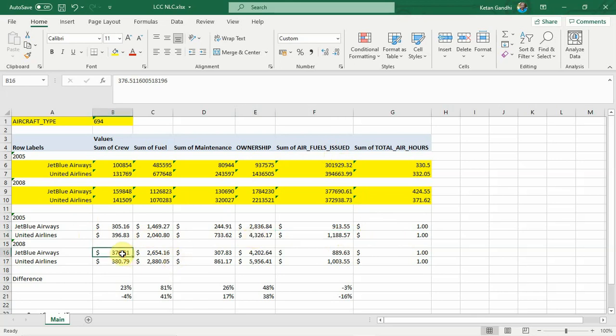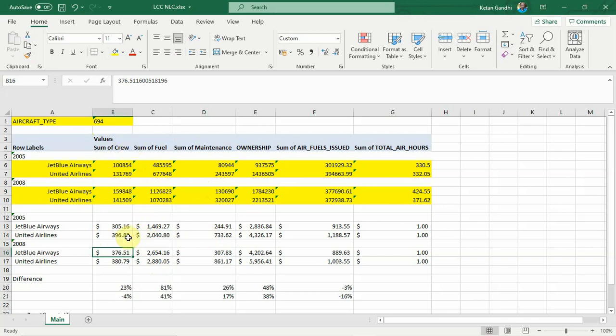Now we look at 2008. We can just see JetBlue using this particular aircraft in 2008. Based on these figures for the 2008 year with the number of hours flown, per hour it cost $765.1.